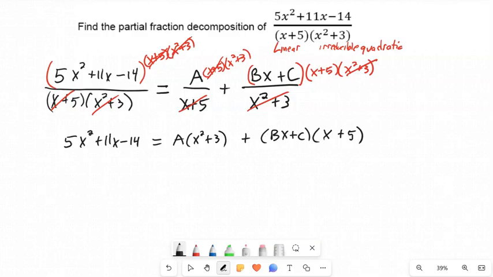All right. There are several approaches to finish this problem. What I like to do is smart values. Originally, any linear factor comes with it a domain restriction.